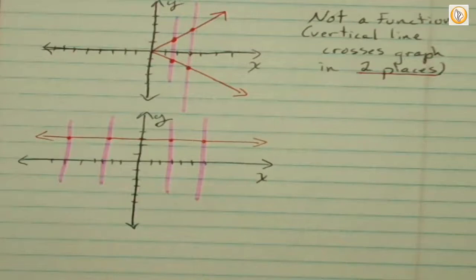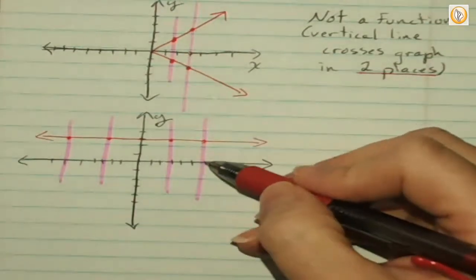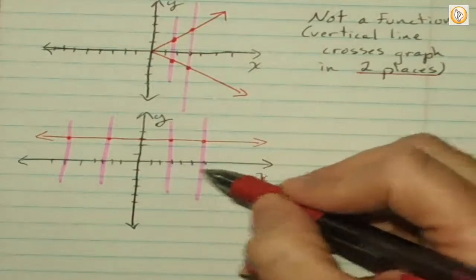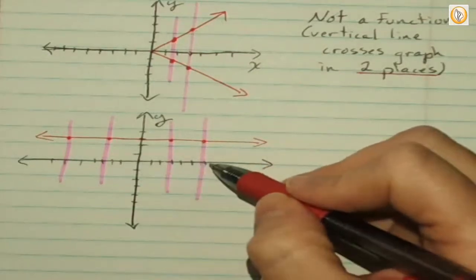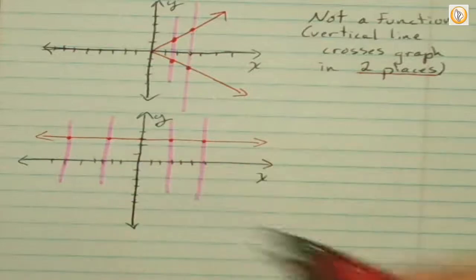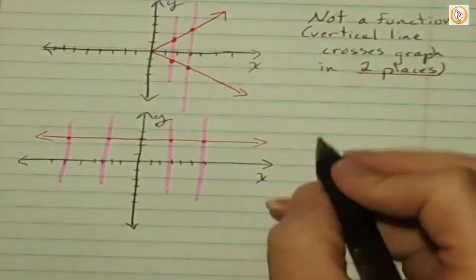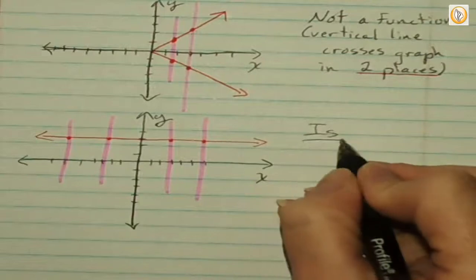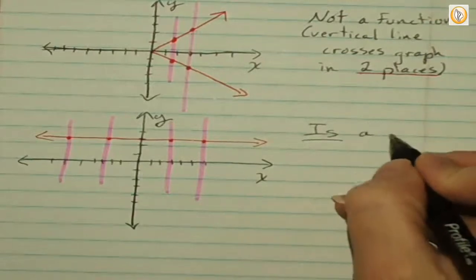Do you see why sometimes kids will get confused? They'll say, oh, but it crosses twice, here and here. No, that's not the actual graph, that's the plane. So you're only looking at how many times it crosses the graph. So this is a function.